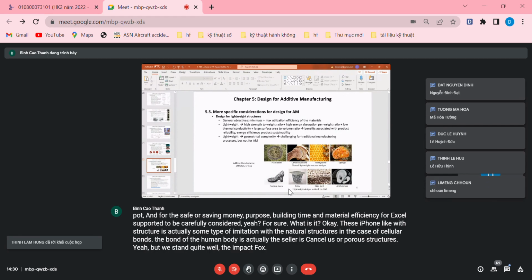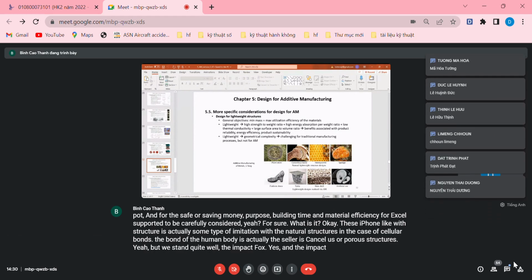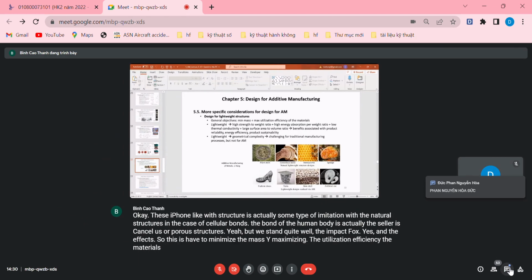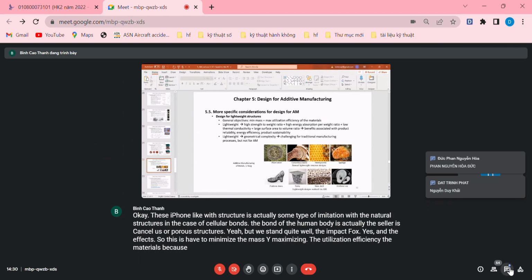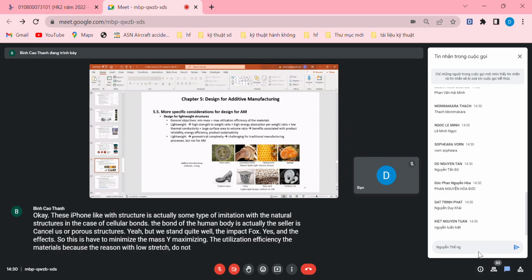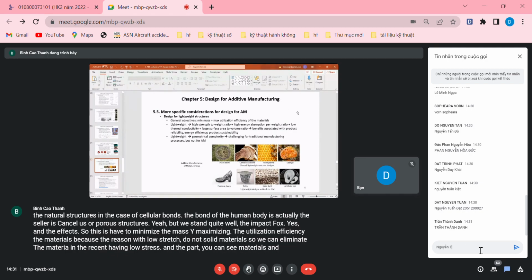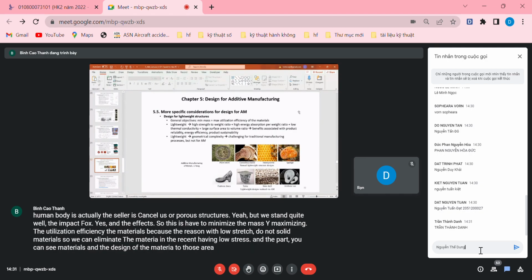So this helps to minimize the mass while maximizing the utilization efficiency of the materials. Because regions with low stress do not need solid materials, we can eliminate the material in the regions having low stress, and therefore you can save materials and design the material to those areas having high stresses.